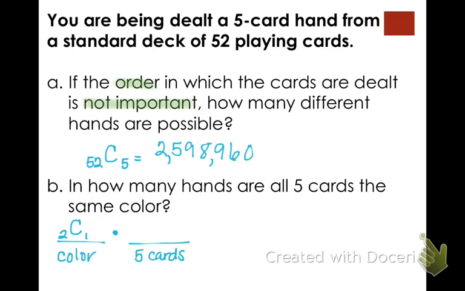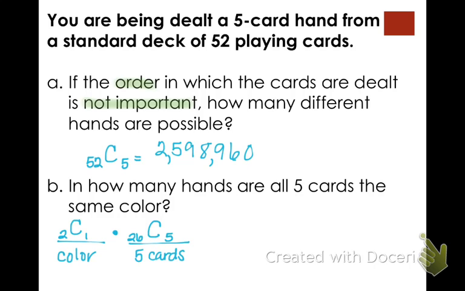It doesn't matter, according to this question, which cards. Let's say I pick red. It doesn't say what kind of red cards I have to have. I just have to have 5. So out of the 26 that are whichever color I chose in the first part, now that I've selected the color, I need to choose 5 from within that color.